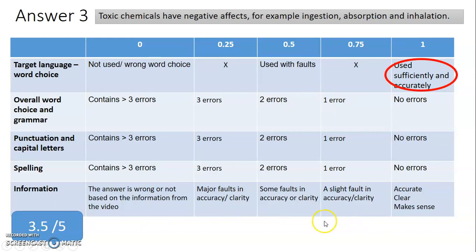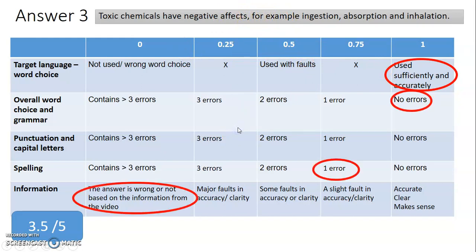Answer number 3. You can see that the target language is used. Here is affects. Yeah, affects. It's a mistake, a spelling error, right? We have for example, but a comma is missing. But these 2 are used in a correct way, with a correct meaning.